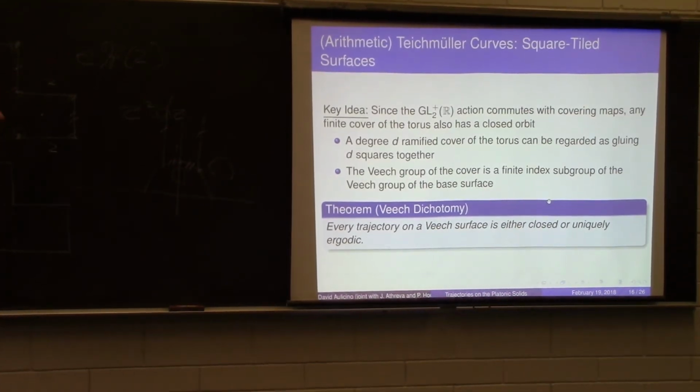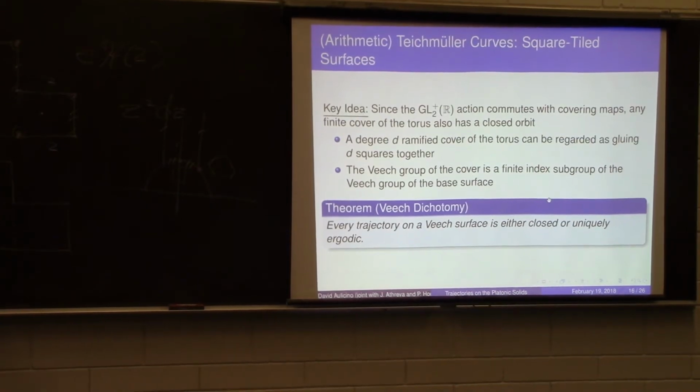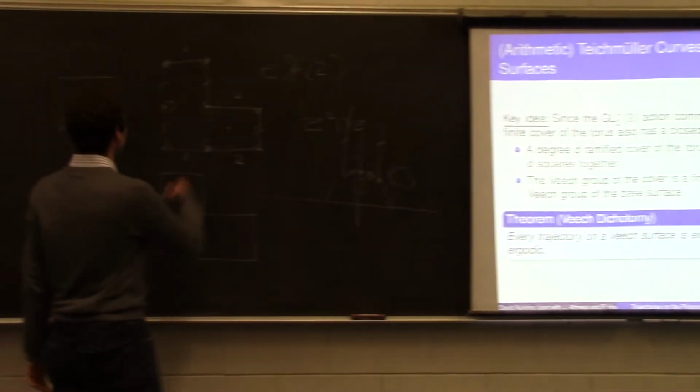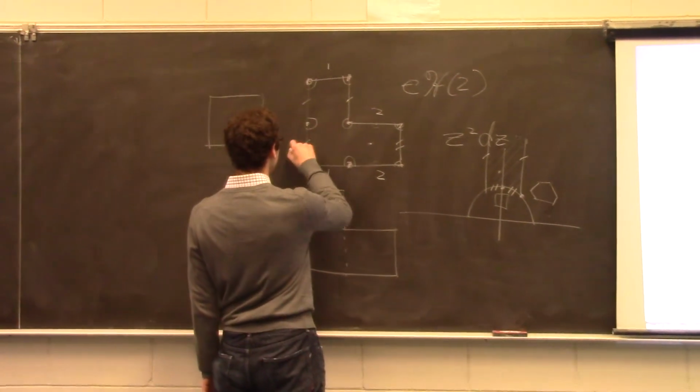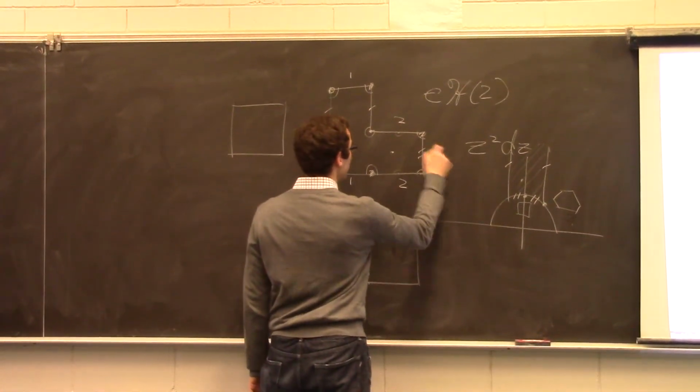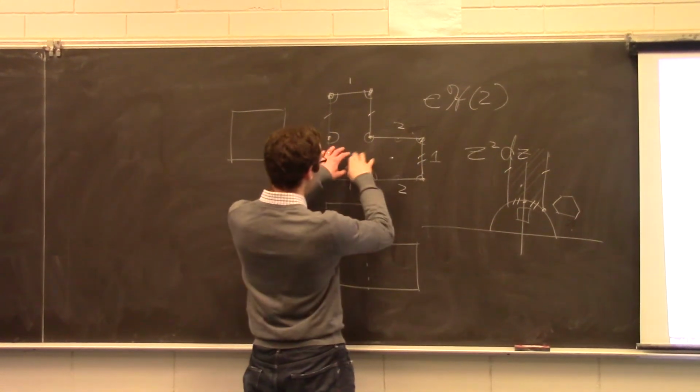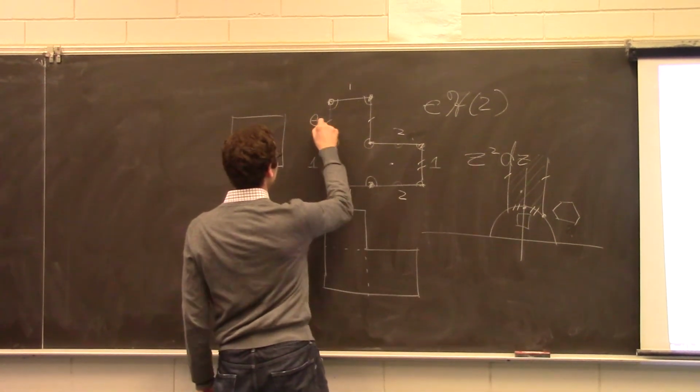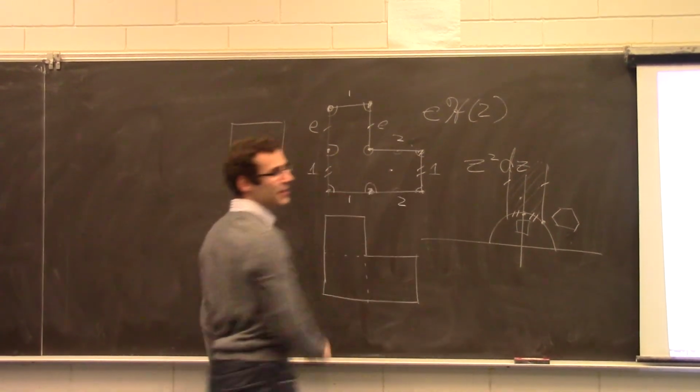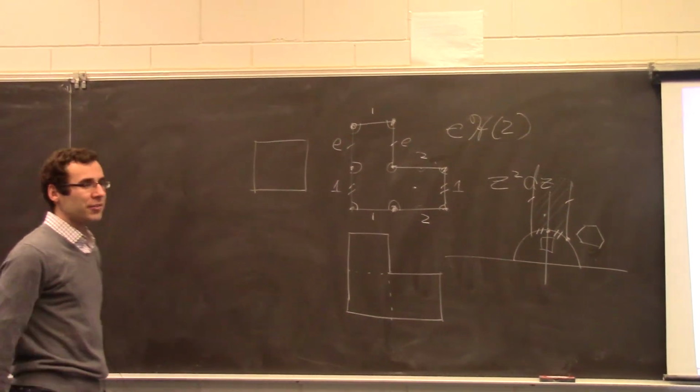Not from any curve. If these things aren't lining up properly, so let's say that this has length 1, 1, 1. So let's say I have 2 unit squares here, but this I'm just going to say has length E on that side. That's not going to generate a Teichmüller curve.